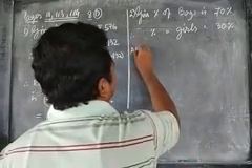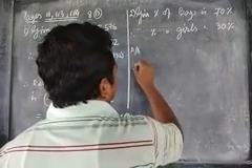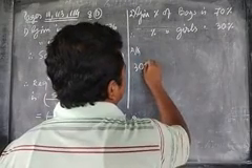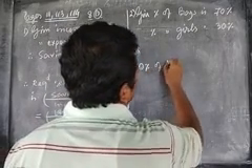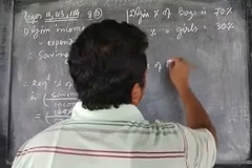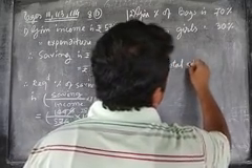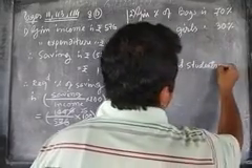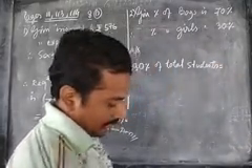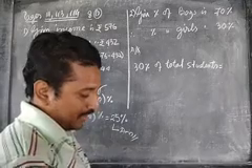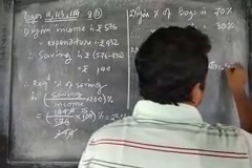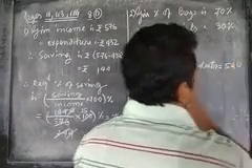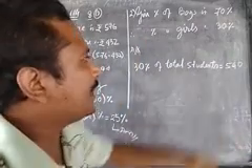According to the question, 30% of total students means how many girls? 540. This is the total number of girls.